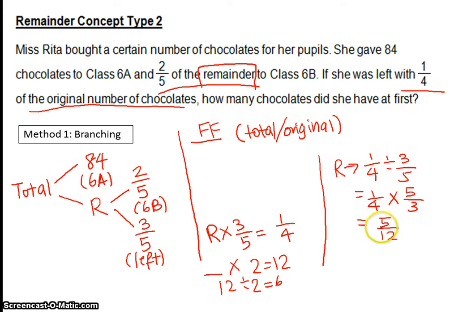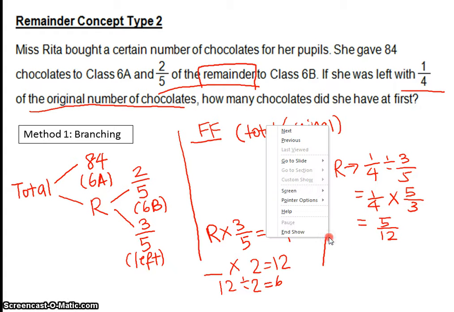In other words, it means that 5 out of 12 of the total is the remainder. Let me erase some ink on the screen.